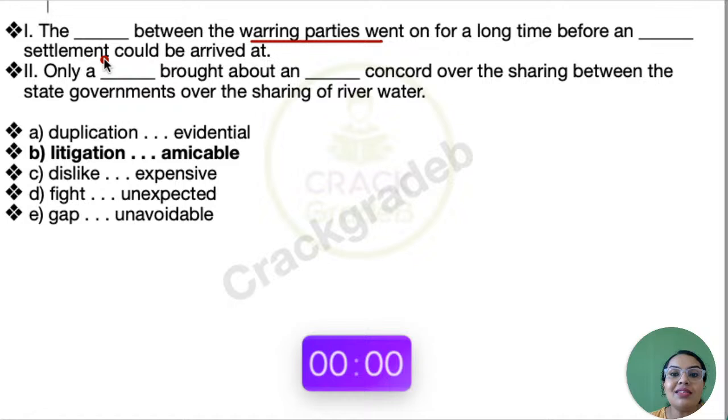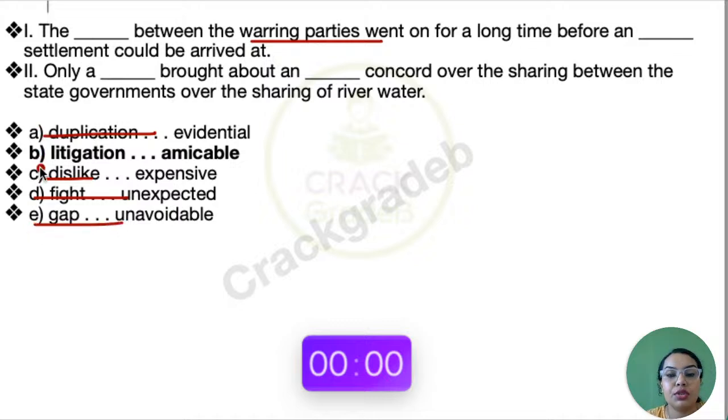So when I say something between two parties, only there is something that brought about, that made something take place, lekar aaya. Duplication sense nahi banata, nothing is getting duplicated. Dislike is a verb. Fight will not give you any meaning, and gap will also not give you any meaning.